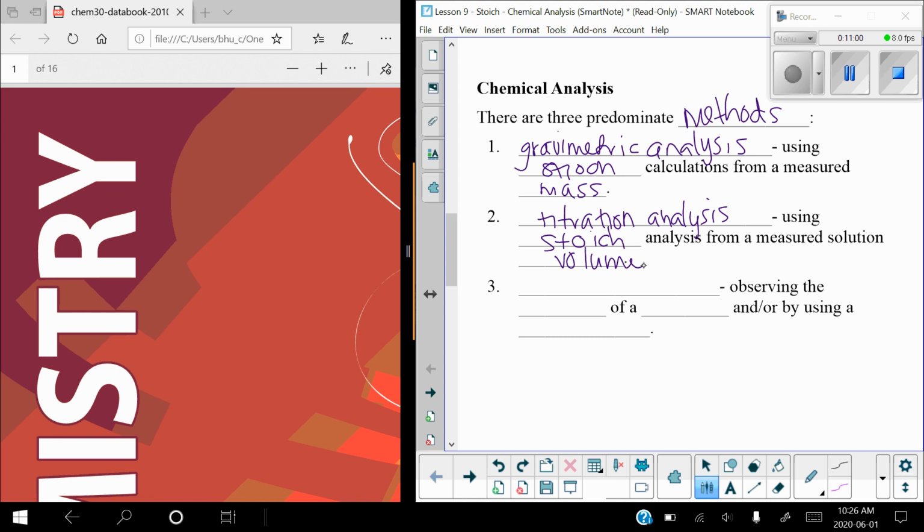And lastly, the one that we have not talked about yet, actually a little bit, we have talked about it through indicators, through solution colors, is colorimetry. This is more of a qualitative analysis by observing the colors of a solution.